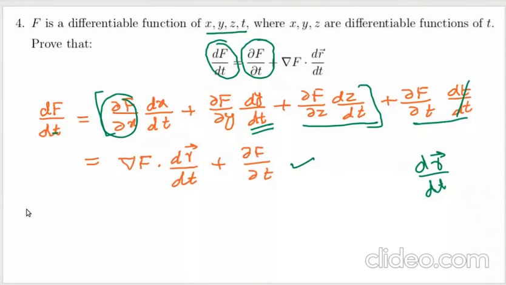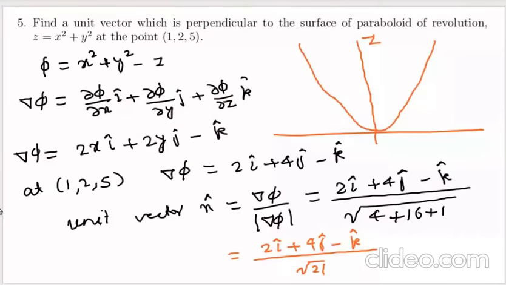The fifth question is, you have to find a unit vector perpendicular to the surface of a paraboloid of revolution. The paraboloid is given as z equal to x square plus y square, and you have to find this unit vector at the point (1, 2, 5). If you draw this curve, it will look like this. Here I have a z axis.